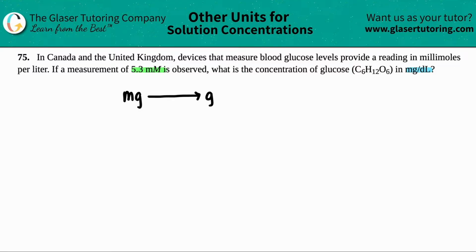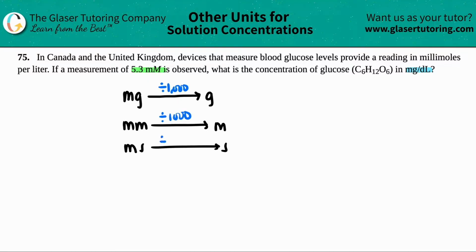I can take milligram to gram, millimeter to meter, millisecond to seconds. By the conversion factor, I'm just dividing by 1,000. To get from millimeters to meters, I divide by 1,000. Milliseconds to seconds, I divide by 1,000.